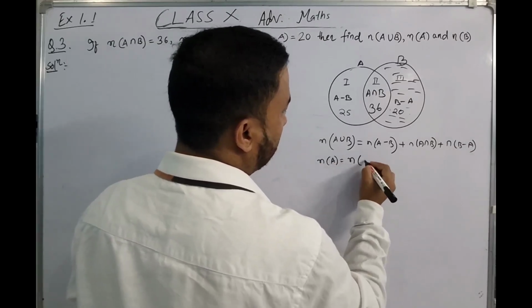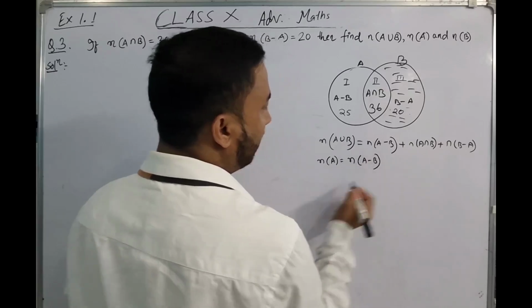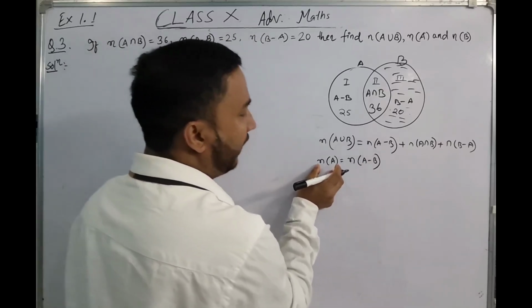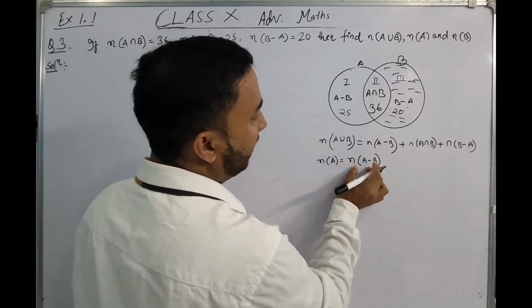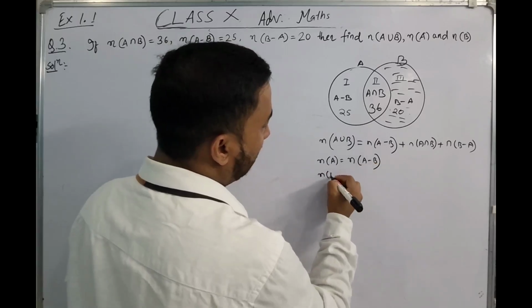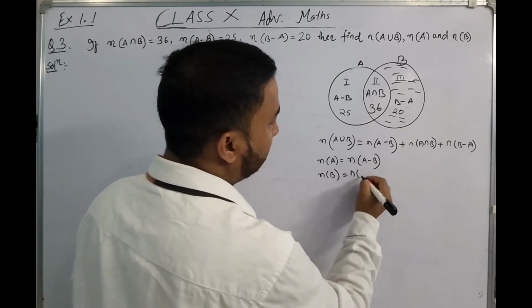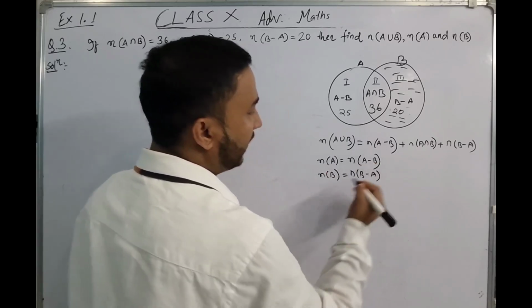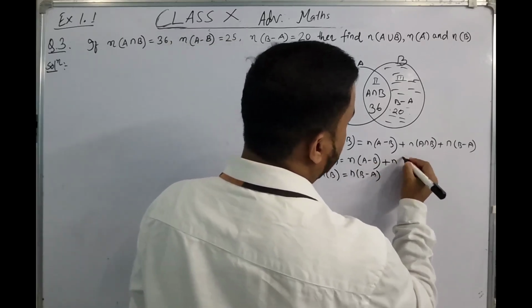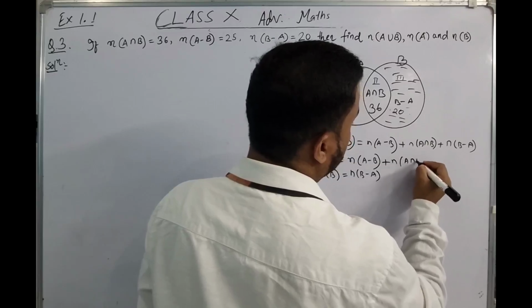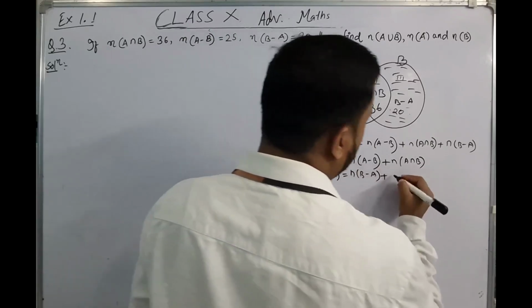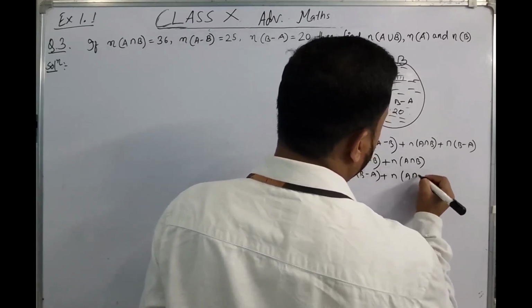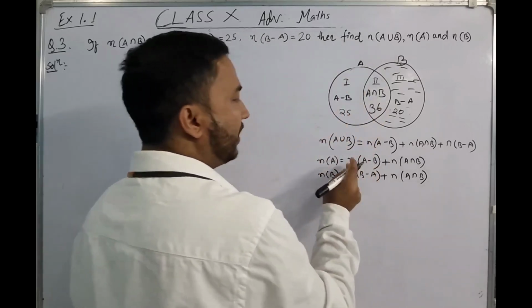And the number of A will be equal to what? Remember, if you are going to find the number of A, then it will be the number of A difference B only, not B difference A. In the case of the number of B, it will be the number of B difference A. And you have to add the number of A intersection B to both.